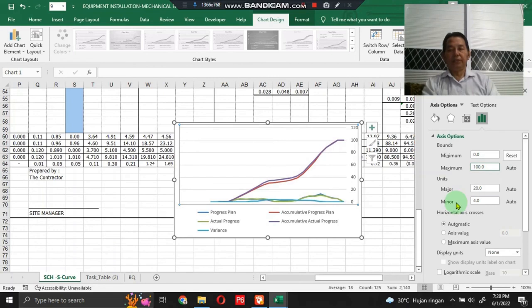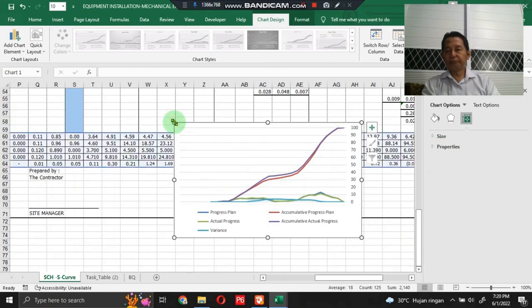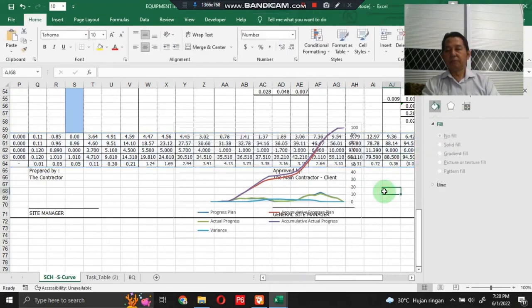Then we set the major unit to 10 and minor to 2. Then we select fill, choosing no fill, so the curve is transparent and doesn't cover other parts in the schedule.